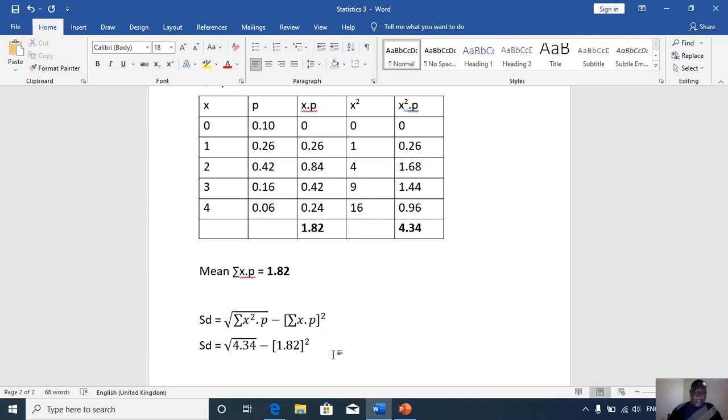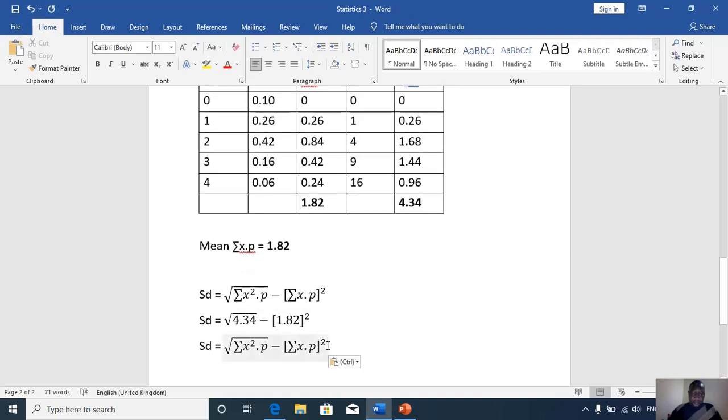Your SD solution is going to be the square root of 1.0276.